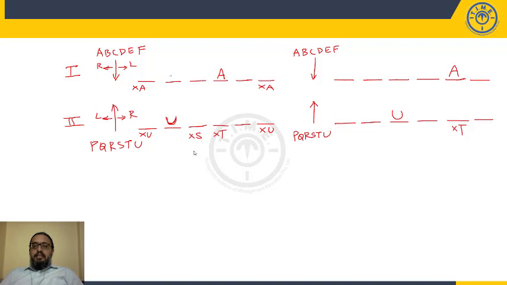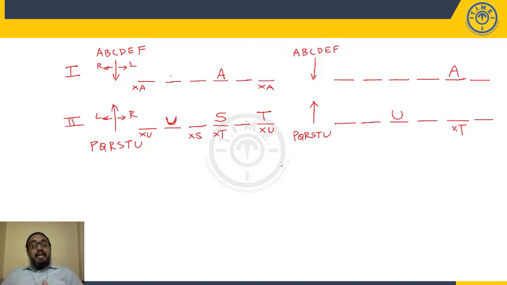I can rule out S to the immediate right of U, because if I place S there, then T will come opposite to A, which is not possible. So you can have S opposite to A such that I can have T at the extreme right end of the row. This is the only possibility.